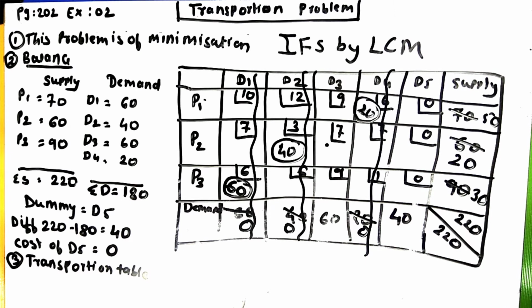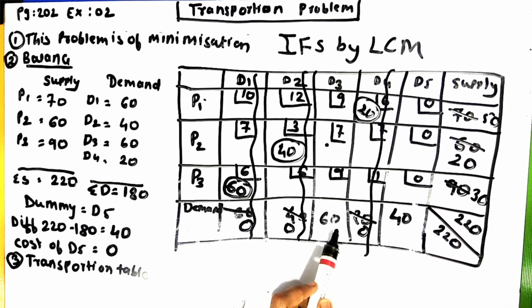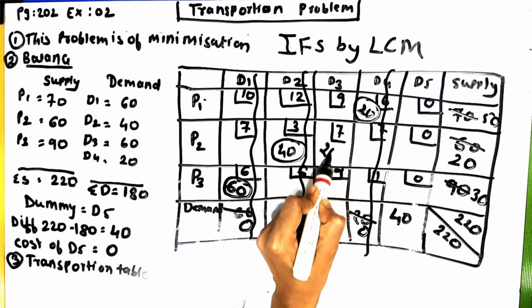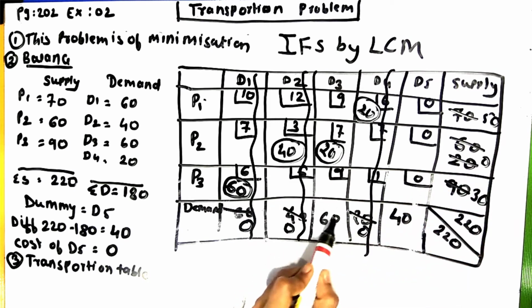For 7, again we see the demand and supply. In the demand we have 60 and in the supply we have 20. The lesser one is 20, so let me give my allocation 20. 20 minus 20 is 0, and 60 minus 20 comes to 40.